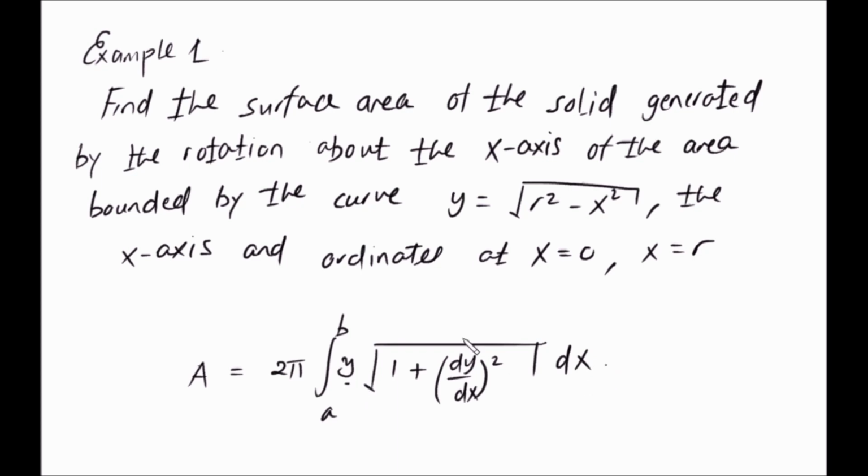So we have y ni hii hapa. We have a and b kwa sababu amesema the ordinates at x equals to 0 na x equals to r. Manake our a is 0, our b ni r. So our y ndo hiyo r squared minus x squared. What we don't have is dy dx. So let us look for dy dx.